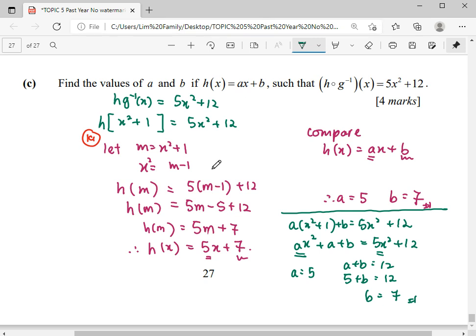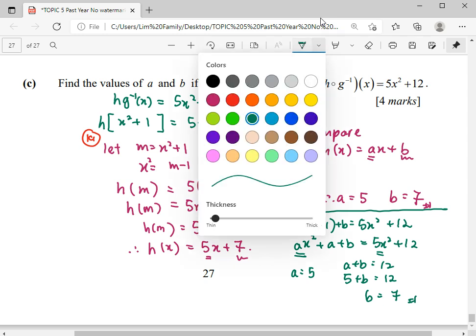So I have two alternative ways to do this. Either I find out what is my hx, then I compare my hx, or in the second method, I finish the comparison and then compare the answer of 5x squared. So both come to the same concept.